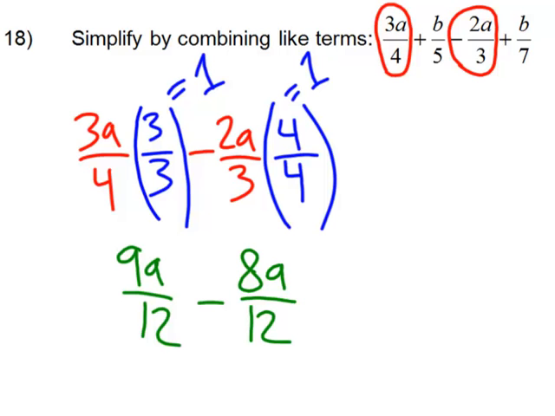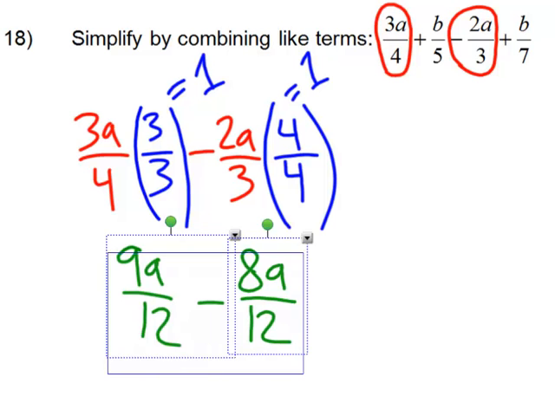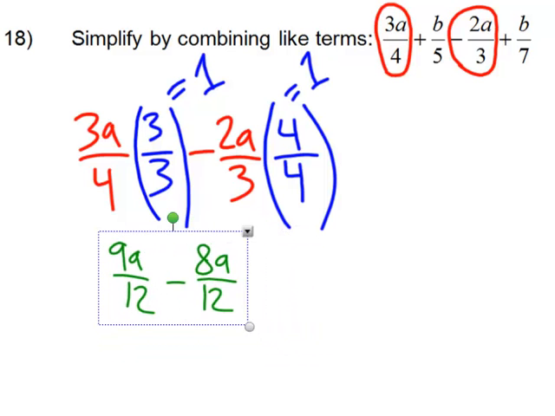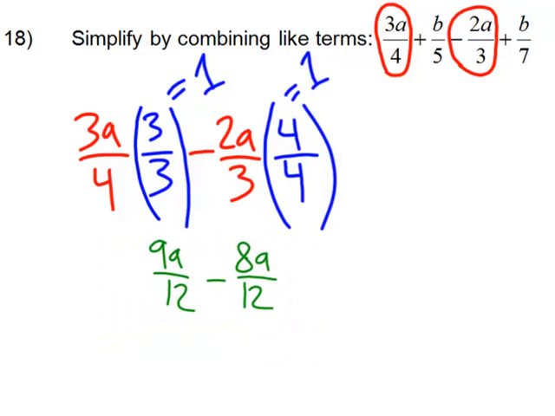It's so tempting to just simplify that, right? So 9a over 12 minus 8a over 12 becomes just 1a over 12. But let's now turn our attention to the b terms. We can't forget about those.